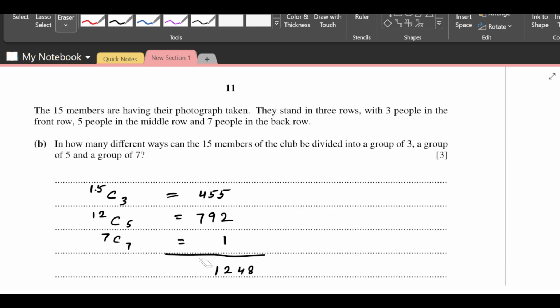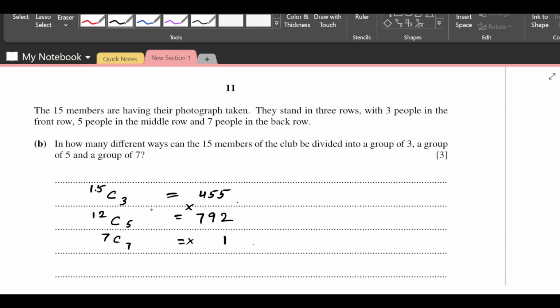Why am I multiplying? Because first I will select 3 and then I will select 5 and then I will select the remaining 7. So they will multiply with each other. So here there is multiplication. The total number of selections will be 455 times 792, which is 360,360.